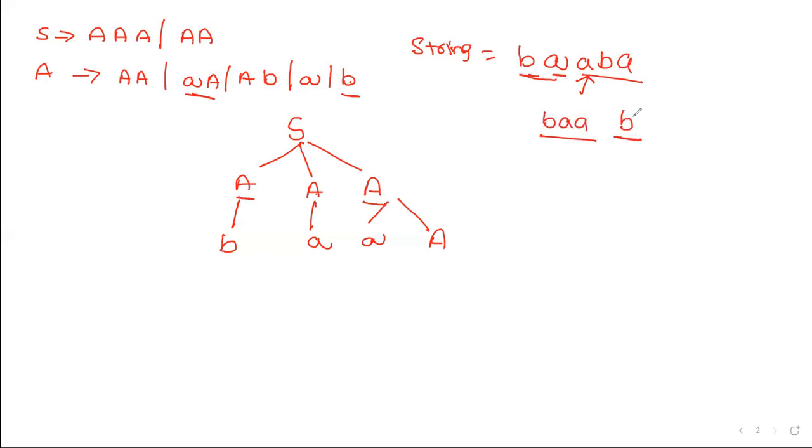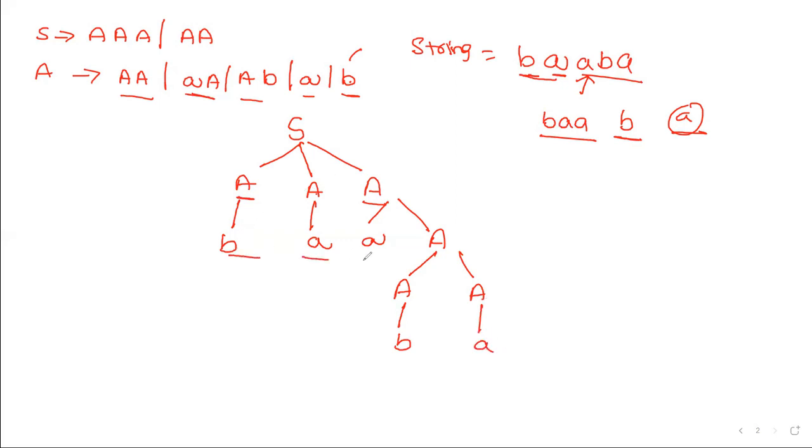The next one is B. If you stop with B, then what happens? A is missing. But in this process, there is no letter that starts with B. Only this one. That is the reason I am writing A to AA. This is replaced with B. This is replaced with A.